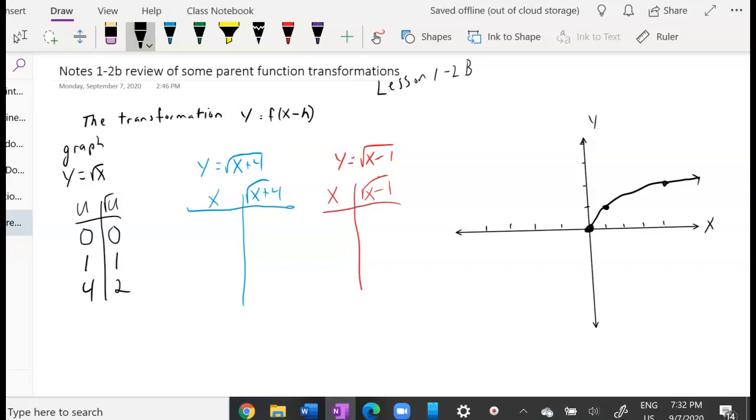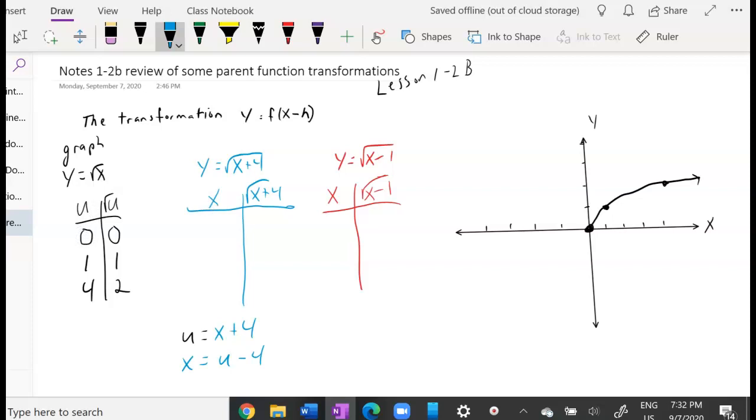So now we've got this u t-chart, and I'm going to show you why we have it. We're going to take the radicand and make that u. So let's say u equals x plus 4. Now that means that x equals u minus 4, which means that to get to the x's here, we're going to have to subtract 4 from the u's here.